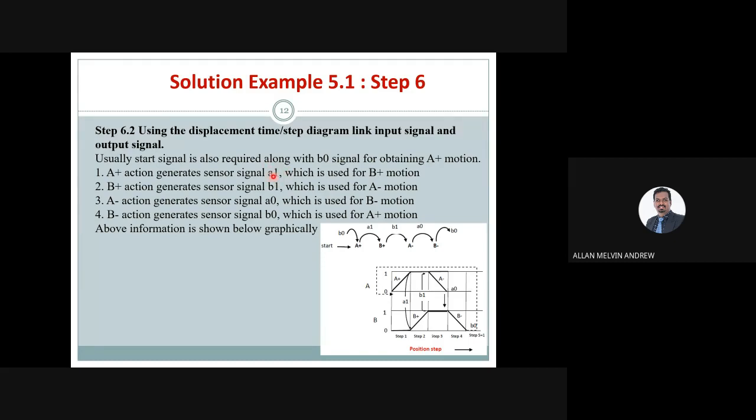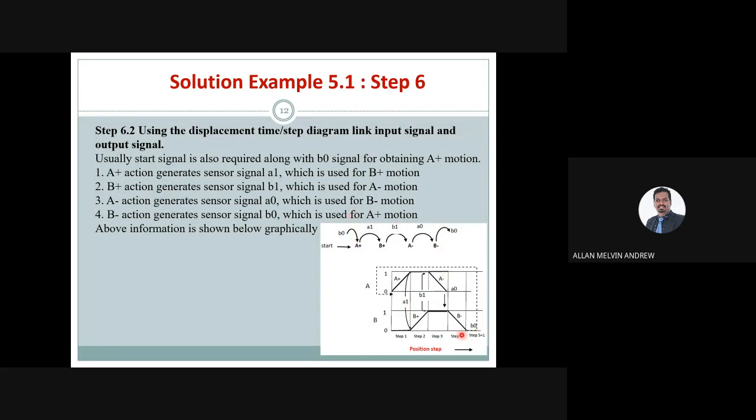So dia dah on, so it automatically starts, cylinder B will start to extend. So kalau ada A1 on, automatically B plus akan start to gerak. So it will be sequence, one after one. So all the sensor input is actually related to the motion of the cylinder. So yang ni kita boleh letak dalam motion diagram.